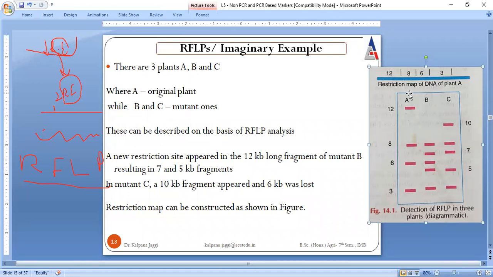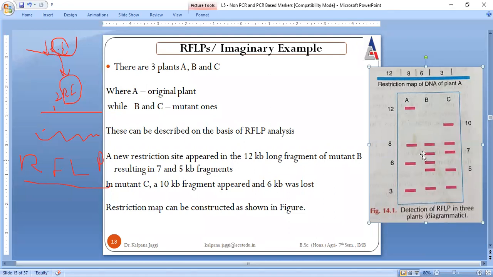What are the features of original plant A? These are the restriction sites, okay? And this is the restriction map, consisting of restriction fragments of 12 kb, 8 kb, 6 and 3, right?